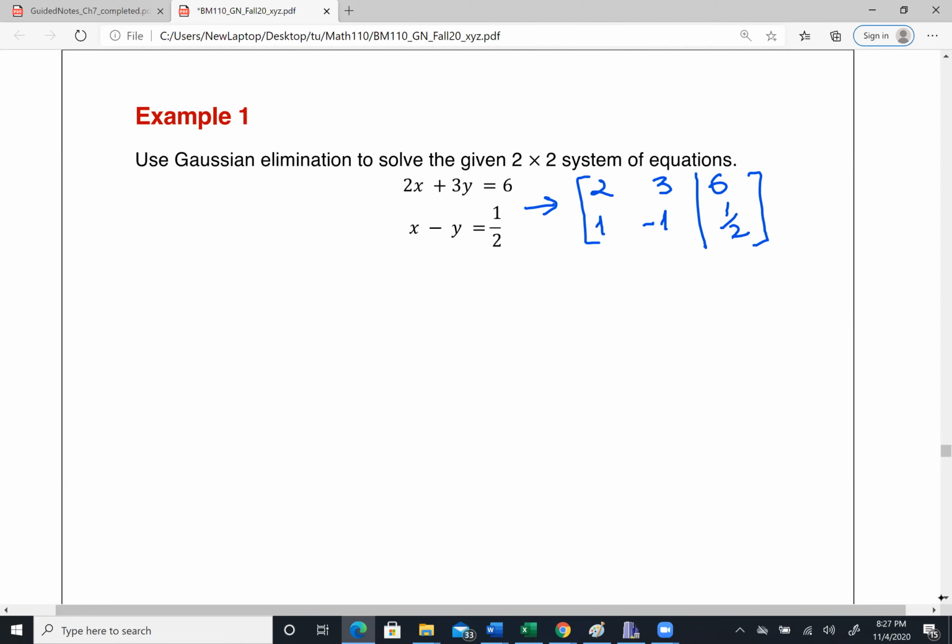Okay. So far, so good. The first one is row 1, and the second one is row 2. So what I want is to make the diagonal here equal to 1 first. So step 1.